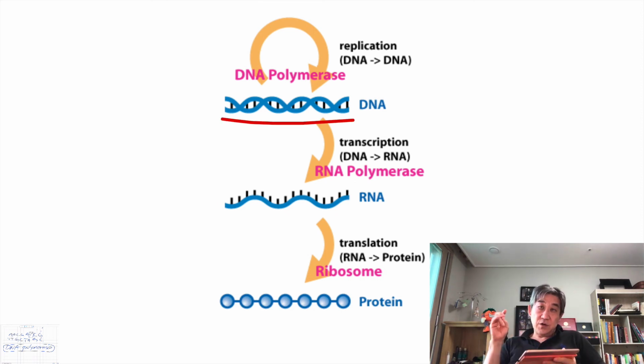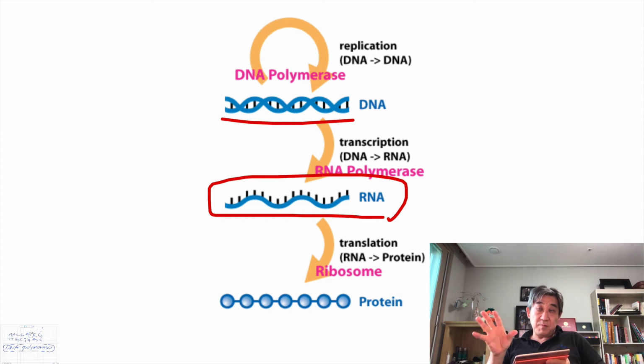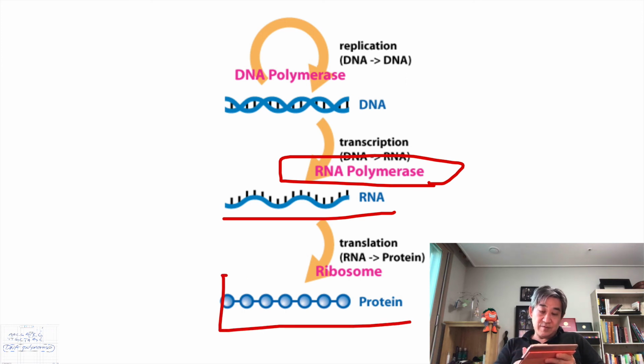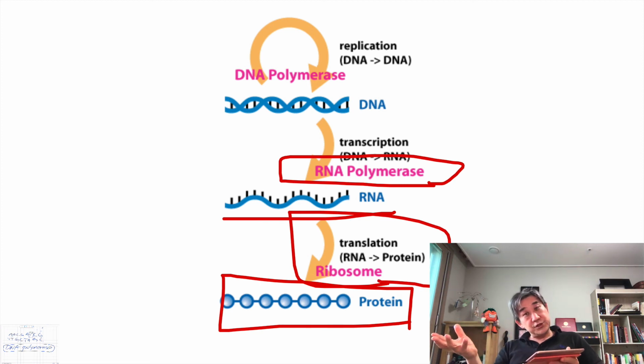In order to replicate DNA, you need DNA polymerase, a specific enzyme that is made of protein, obviously. And further, in order to make RNA, which is basically a complementary copy of a part of the DNA, you require a specific enzyme, RNA polymerase, which is made of protein. And starting from RNA, to take the information carried by RNA to produce eventual protein, obviously you need another enzyme-like structure, the ribosome.